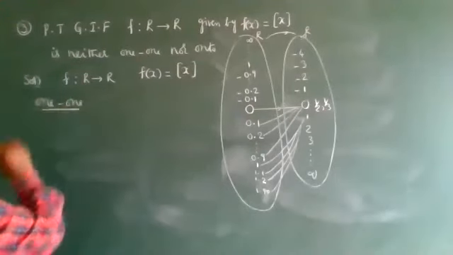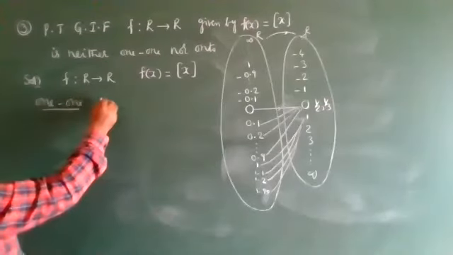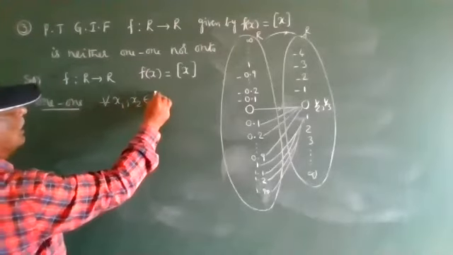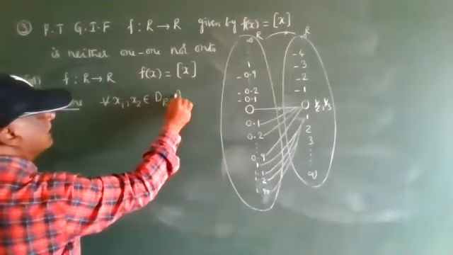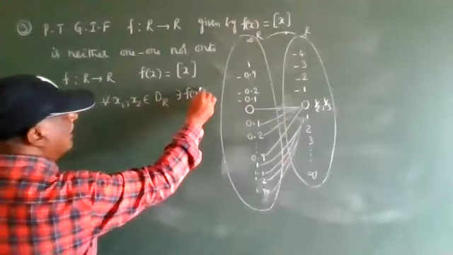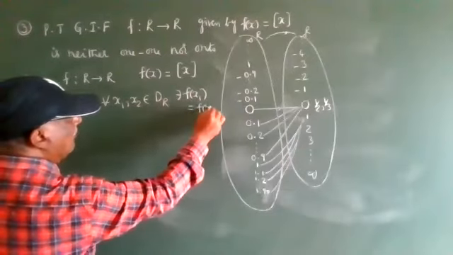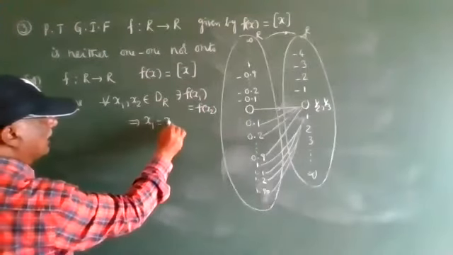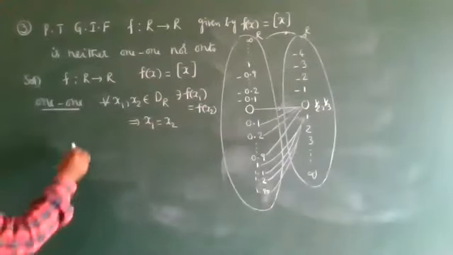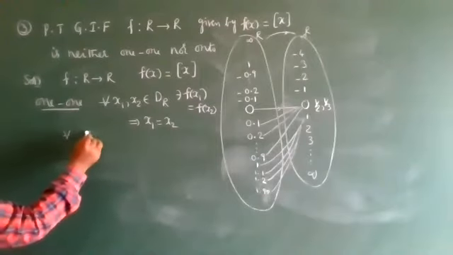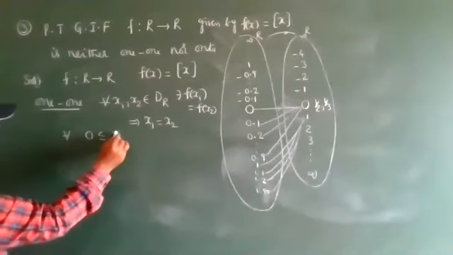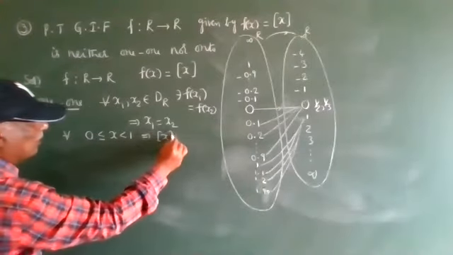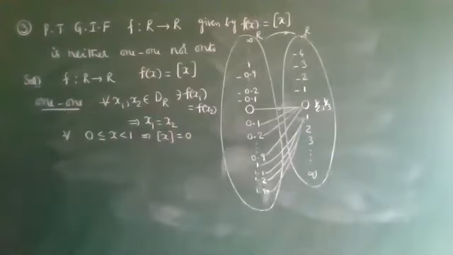How can you write a 1-1 function? For all x1, x2 belonging to the domain of real numbers such that f of x1 is equal to f of x2, that implies x1 is equal to x2. So here we can write 0 less than or equal to x less than 1, then the step x value is 0 only.